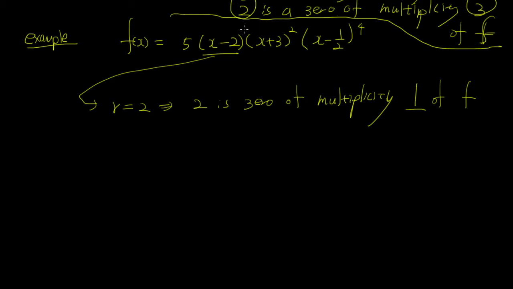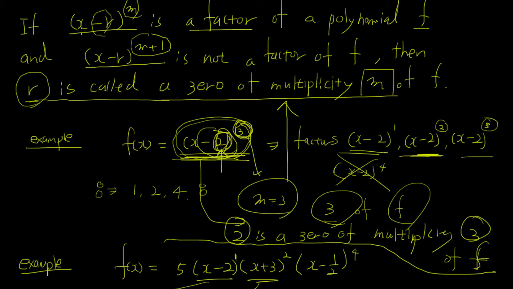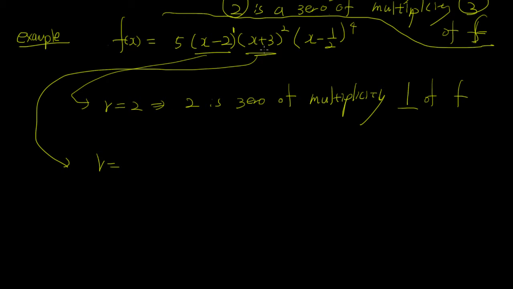Because if there's nothing, it means there's a hidden 1 there. What about from here? Remember the setup was x minus r. What if we have plus 3? Then it's going to be negative 3, the opposite. If this was a negative 2, then we just say 2. If there was a plus 3, then we say negative 3.